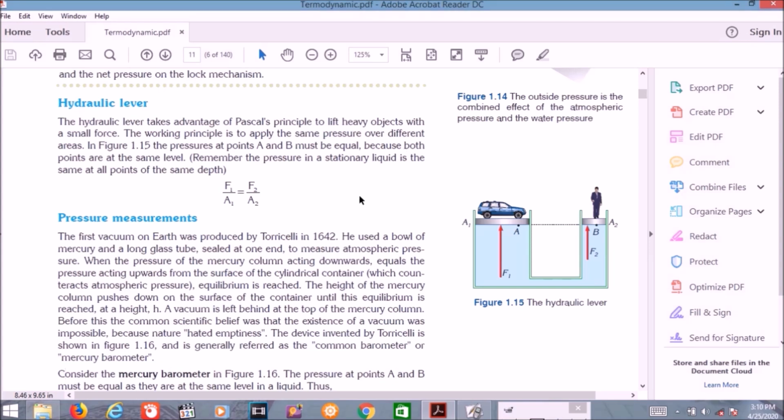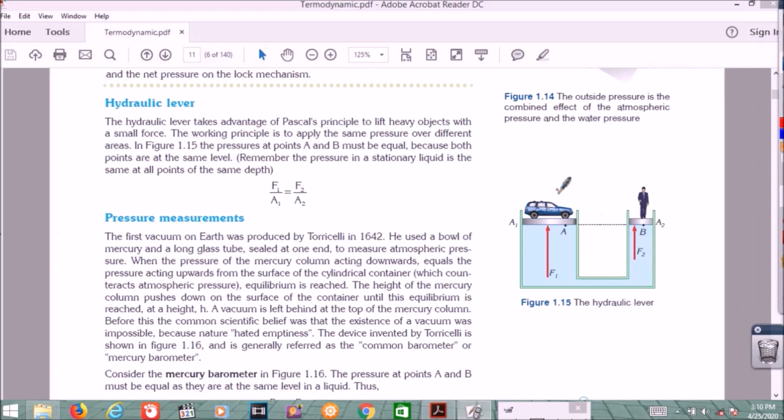Okay, so in this case we are trying to take advantage of Pascal's principle. We try to lift a heavy object. The heavy object here is a car.